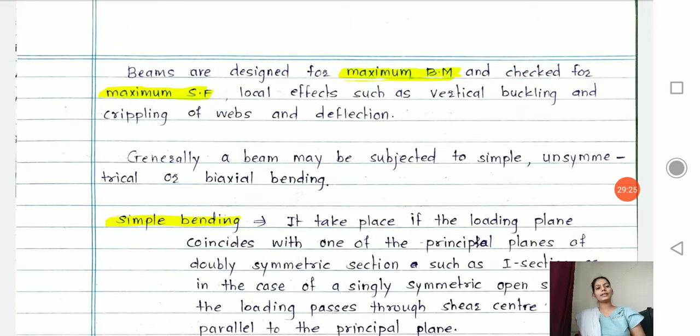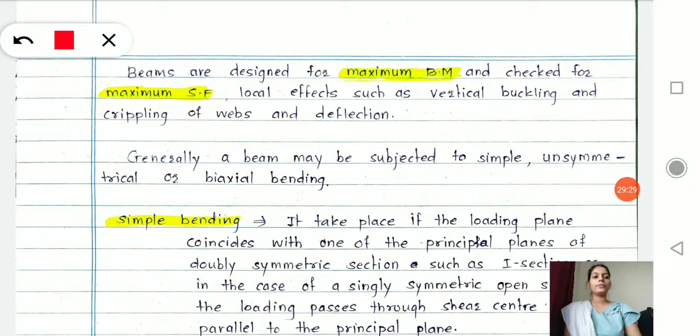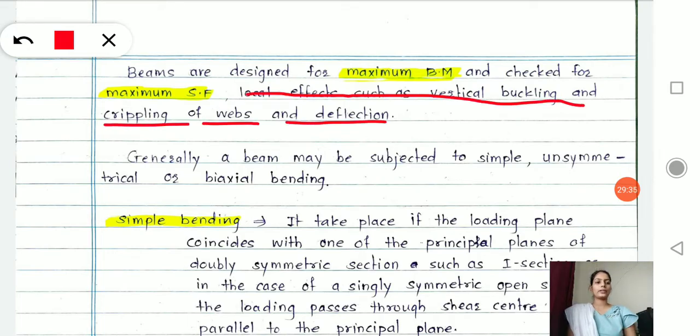As well as there are other things. Other things are what? We have to check the local effects such as web buckling, crippling of webs, and deflection. These are the secondary effects that also need to be taken care of, but we will not design for them, we will check for the adequacy, we will check for the safety. Okay.